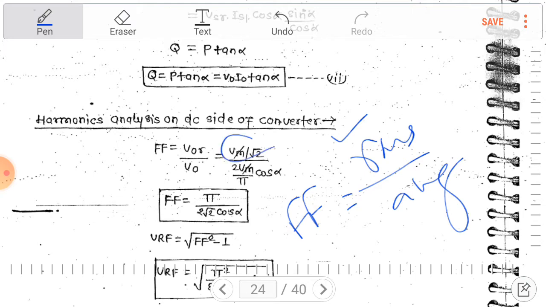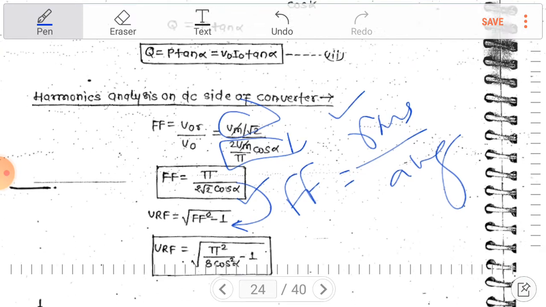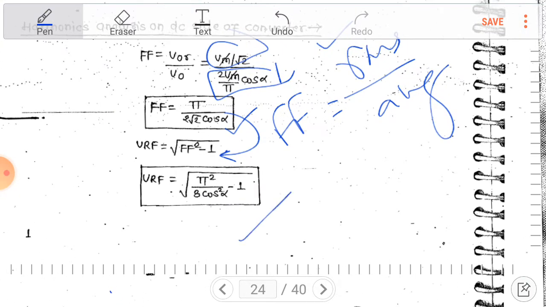The RMS value is Vm by root 2, and the average value is 2 Vm by pi cos alpha. These are the average and RMS values at the output side. By putting these values, we get the form factor, and putting the form factor in the voltage ripple factor, VRF is the root of form factor square minus 1. This is the voltage ripple factor.